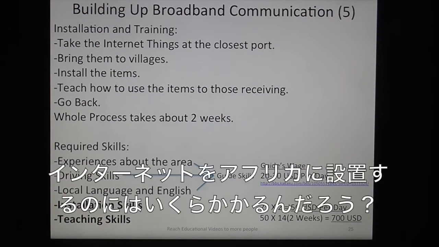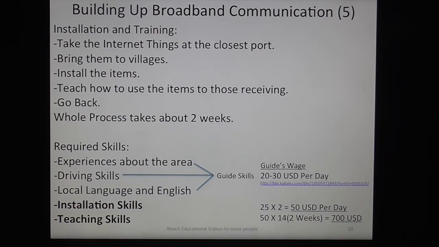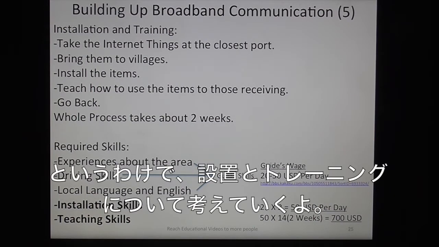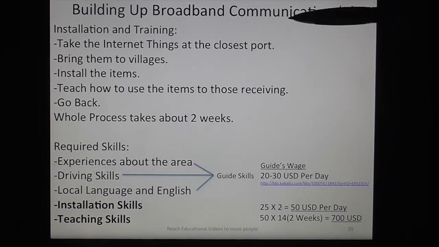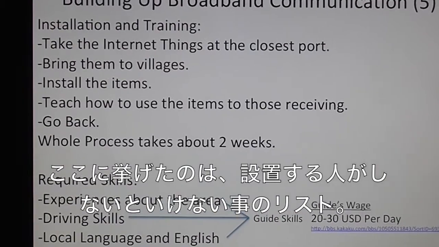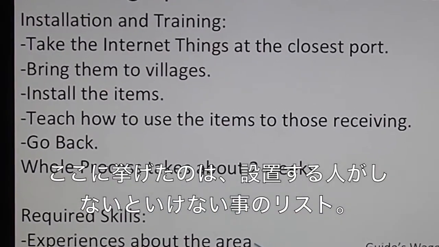Anyway, what about the cost for the installation, to put the internet connection things in Africa, and the training, which is to teach the African people? Anyway, installation and training. Over here, I listed the things that a person has to do for installation and training.